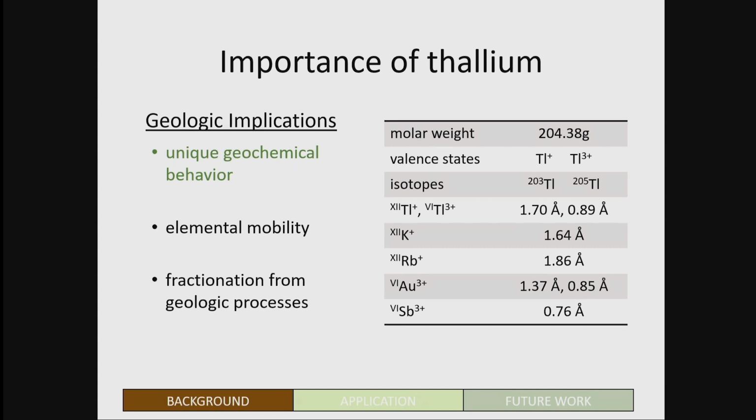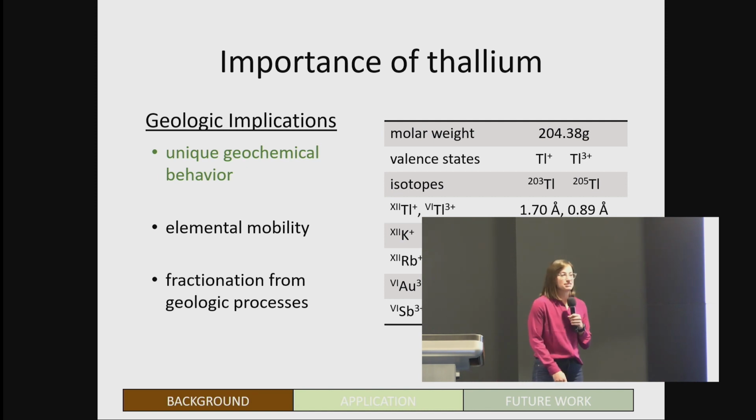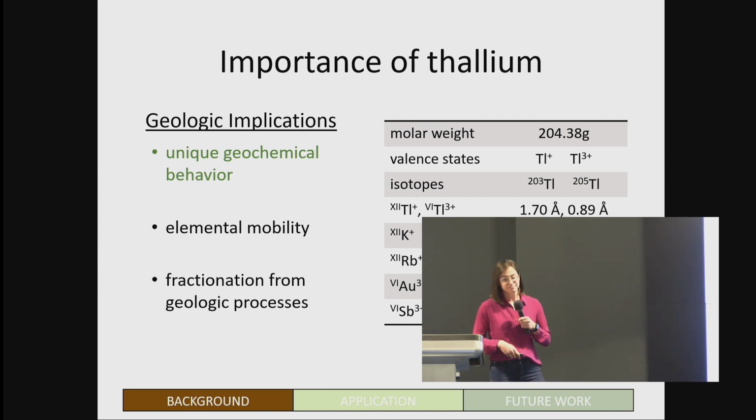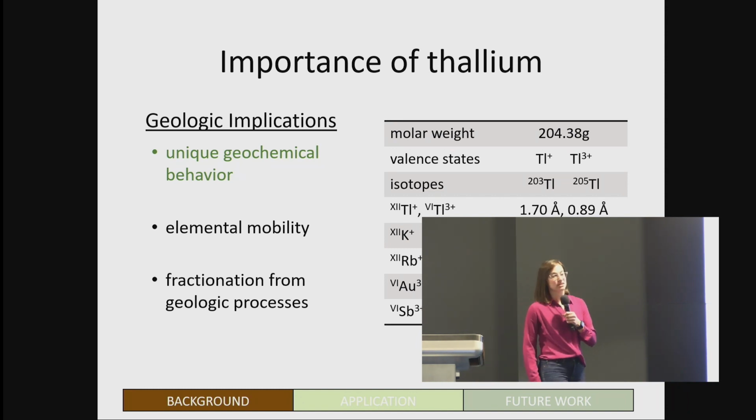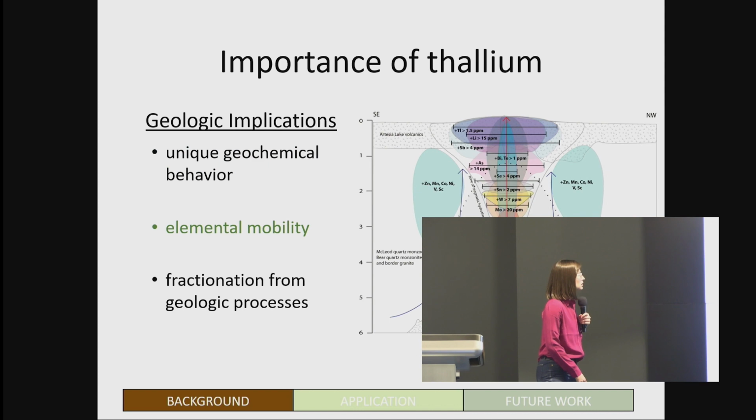And thallium can very easily substitute for potassium in things like magmatic systems, during hydrothermal alteration, and also through ore deposition. So it has a lot of utility there. The chemical similarity to potassium will also come into play once we start talking about the biologic applications. But it also has some similarities to a lot of other useful and important elements like rubidium, gold, and antimony.